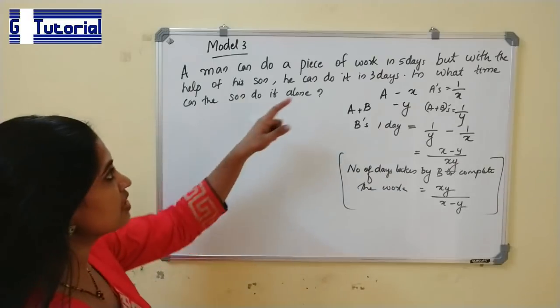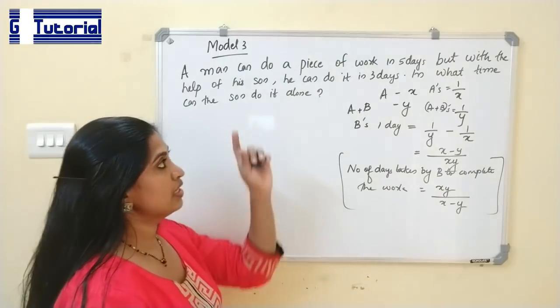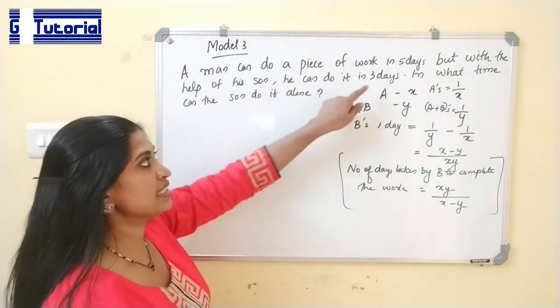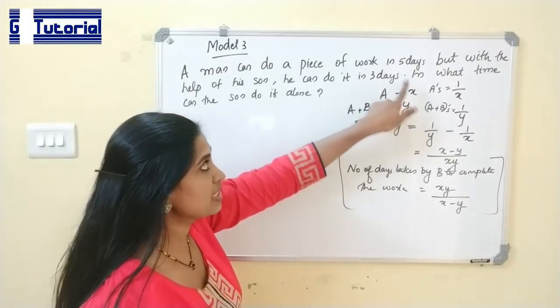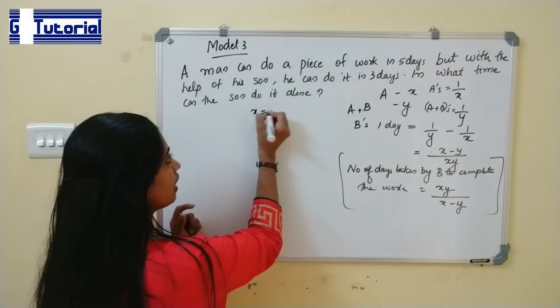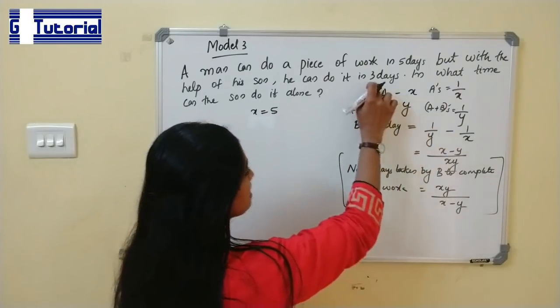Here x is given as 5 days. A man can do a piece of work in 5 days. The man along with his son does it in 3 days. So here x is 5 and they together do the work in y days. y is 3.